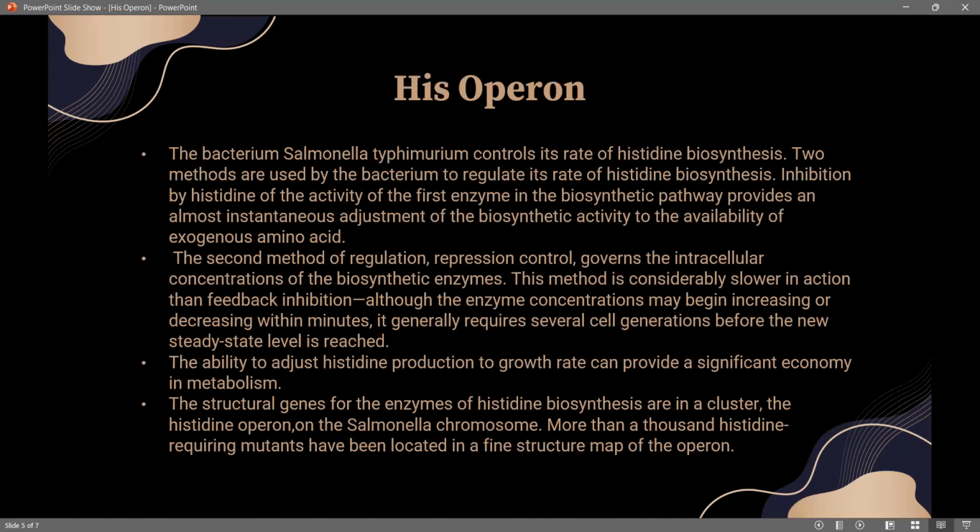It has been an important system for the study of relationships between the flow of intermediates through the biosynthetic pathway and the control of the genes encoding the enzymes that catalyze the steps in the pathway.